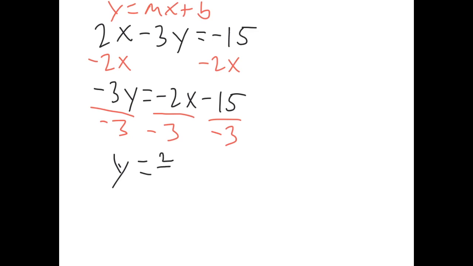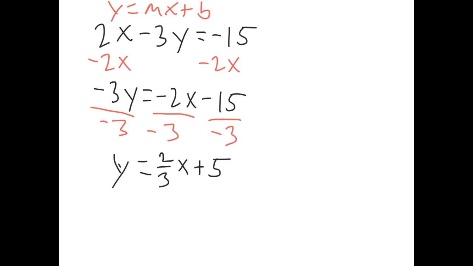So 2/3 x. Then over here, again, that minus still works as a negative, so negative divided by a negative is a positive. And 15 divided by 3 is 5. So we've got y equals 2/3 x plus 5.